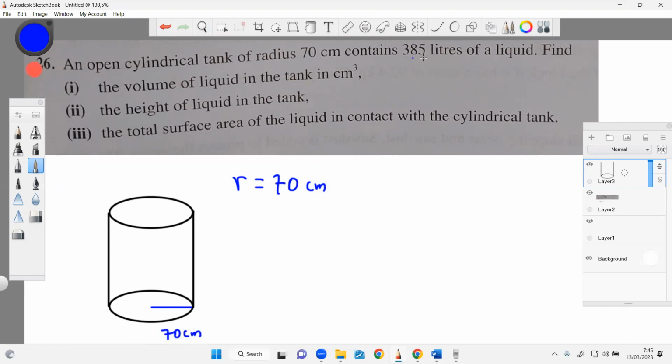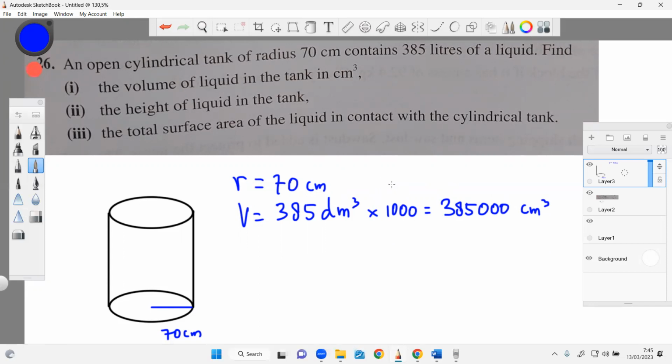It contains 385 liters of liquid. What is a liter? Volume, right? You convert 385 liters into dm cubed, and it is even better to convert to cm cubed. So 385,000 cm cubed. Why do I use cm cubed? Because the radius unit is in cm.